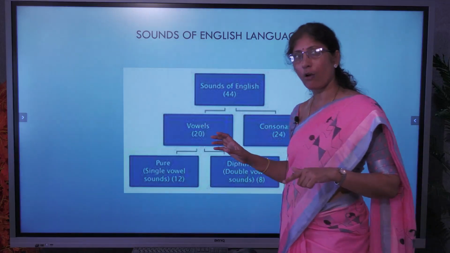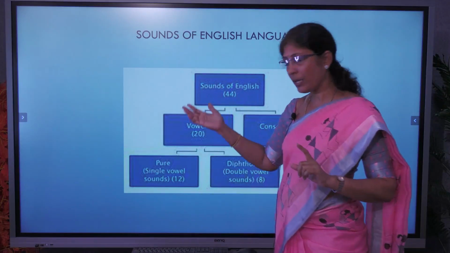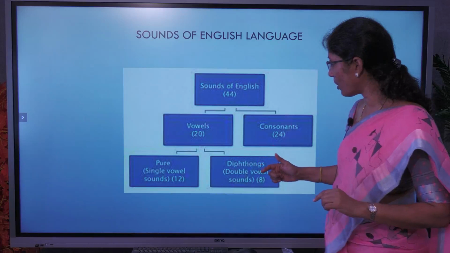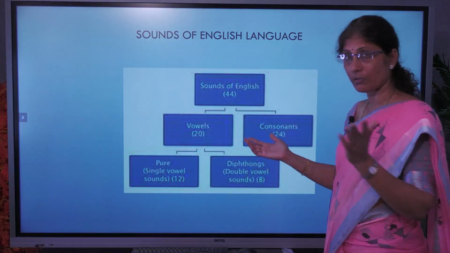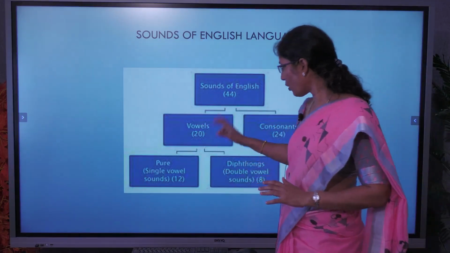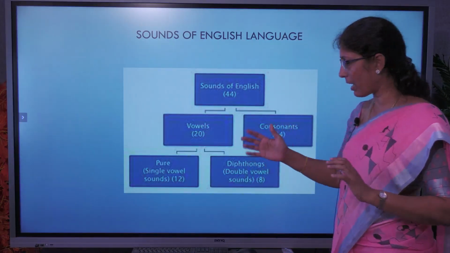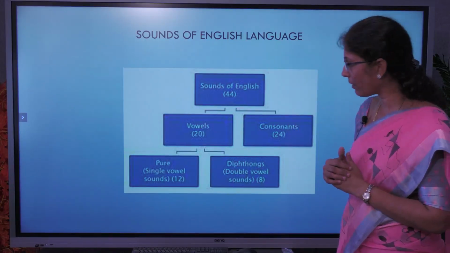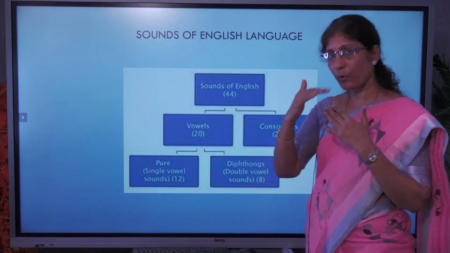Actually, in the alphabet there are 5 vowel letters, A, E, I, O, U, and the remaining 21 are consonants. But when you come to the sounds, 20 are vowels and 24 are consonants. See the number, almost similar. These vowels and consonants are classified into different categories according to place of articulation or manner of articulation, and for vowels, the position of the tongue.